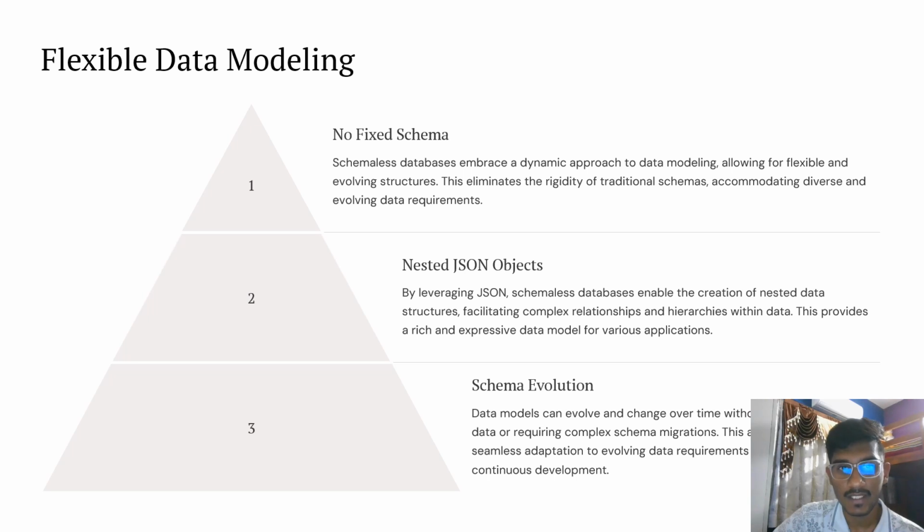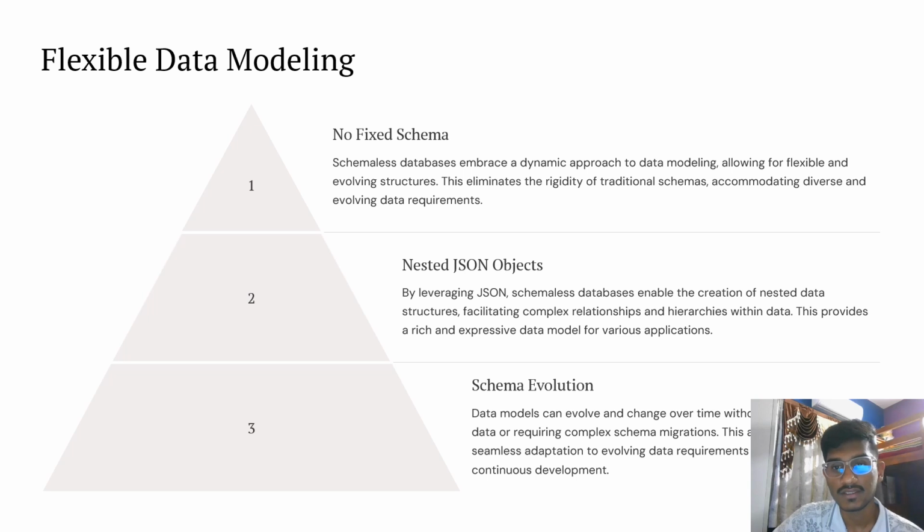Next, there is flexible data modeling in schemaless database, that is, there is no fixed schema, which allows for flexible and evolving structures, and it eliminates the rigidity of traditional data schemas amid evolving data requirements. That is, it makes sure that the data is not stored in the form of rows and columns, and also that new data that comes in as new nodes can be easily attached or stored with growing demands or requirements.